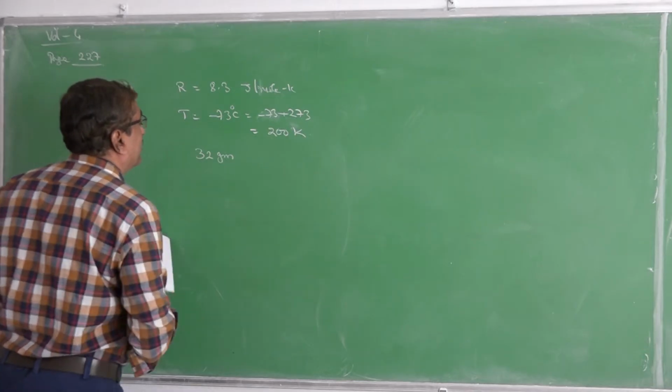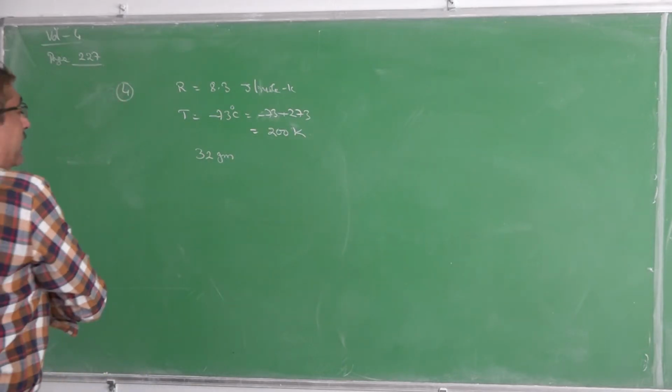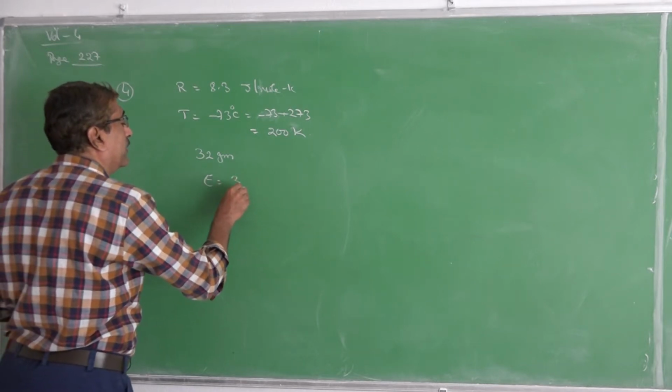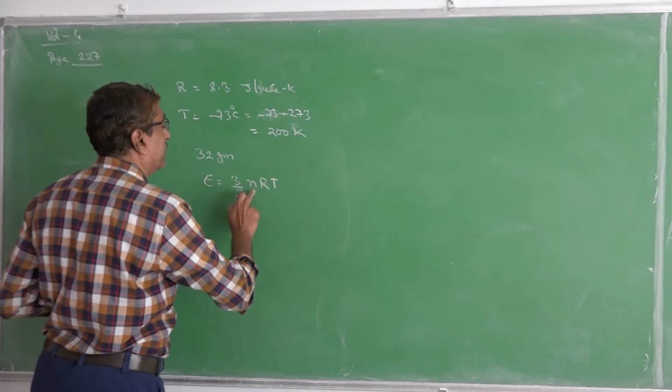oxygen is given. So we have this relation, energy of that particular gas is given by 3 by 2 nRT, where n is the number of moles.